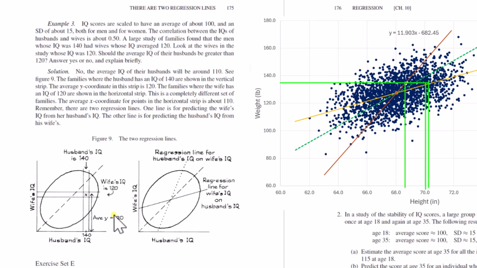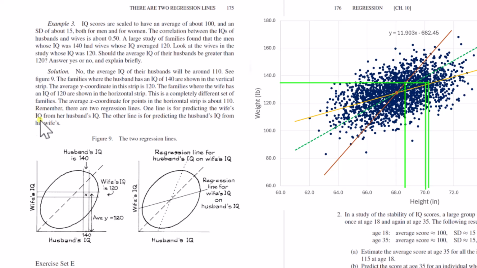If we were above average for a husband's IQ and predicting the wife's IQ, she's going to be above average, right? The regression line goes through the point of averages. So if you're above average with respect to X, you're going to be above average with respect to Y. When you go the other direction, it's going to change, but you're still going to be above average. But that wouldn't have helped us here because the average was 110.